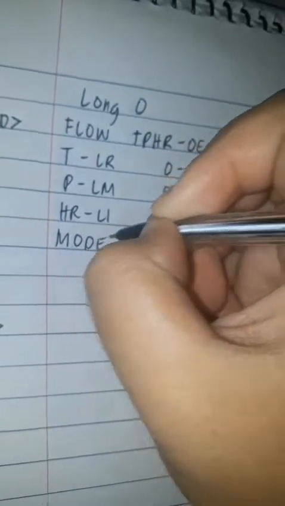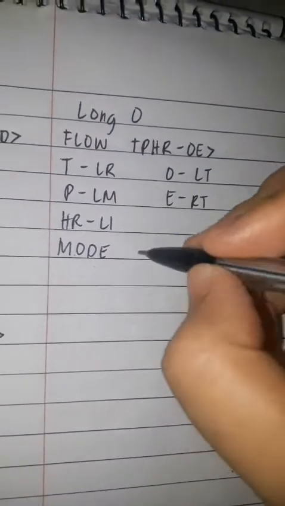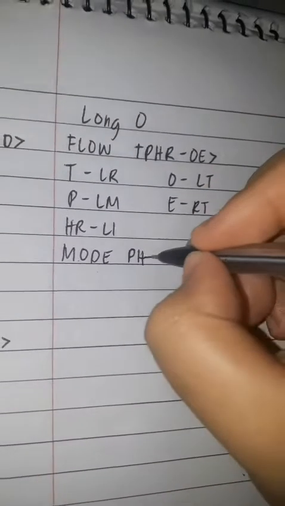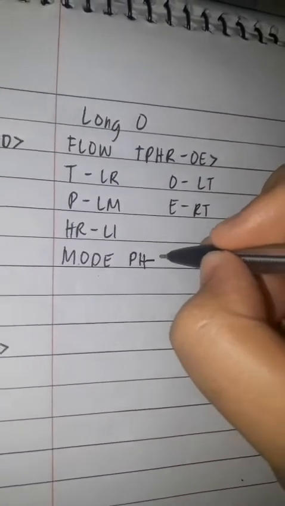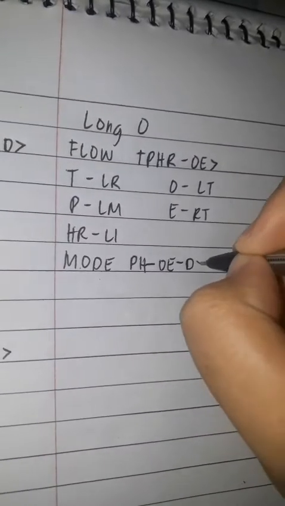So, another example for long vowel O, we have mode. So, we have initial letters PH, vowel OE, ending letter D, then release.